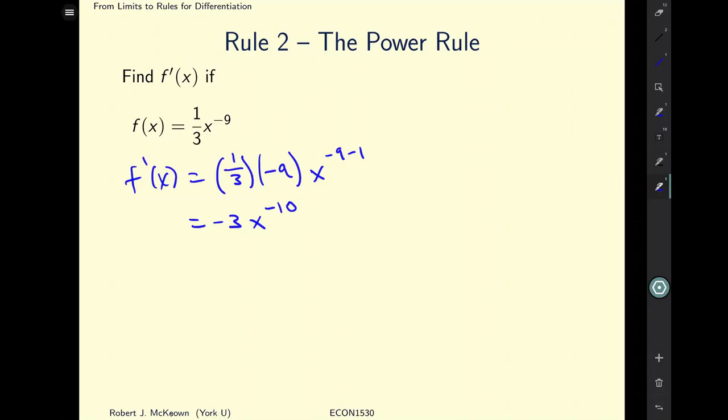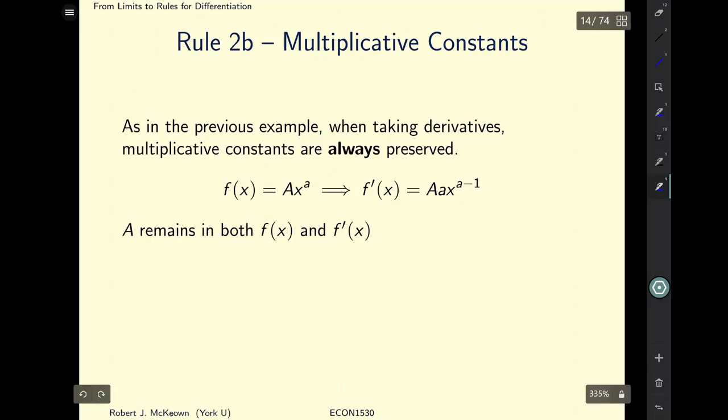Now, applying this rule teaches you something about multiplicative constants. So I call this rule 2b. And rule 2b says that when taking derivatives, the multiplicative constants are always preserved. So they're always preserved. And that's the capital A in the power rule formula.